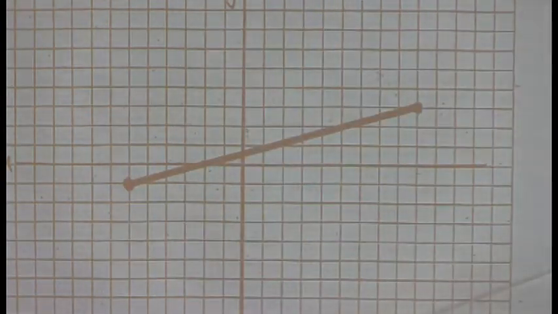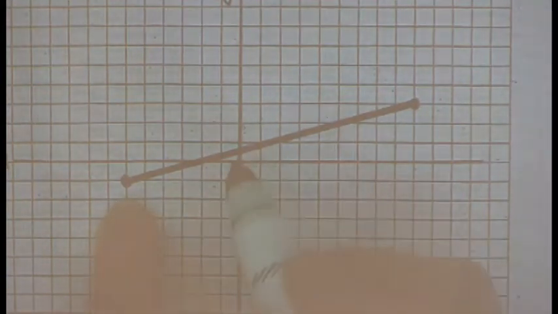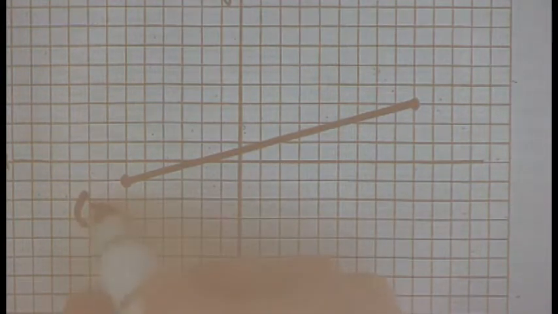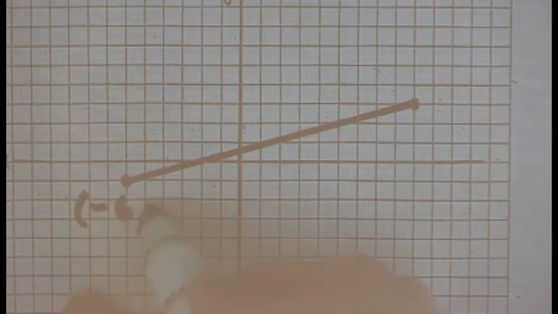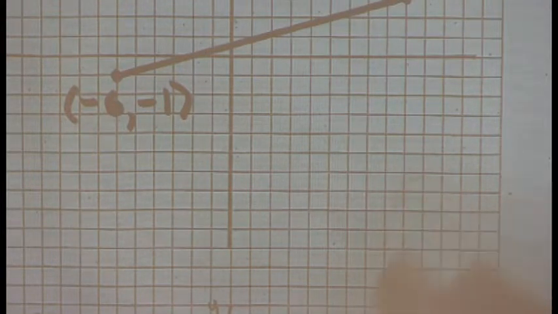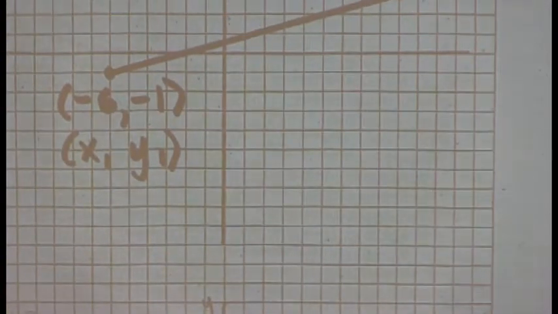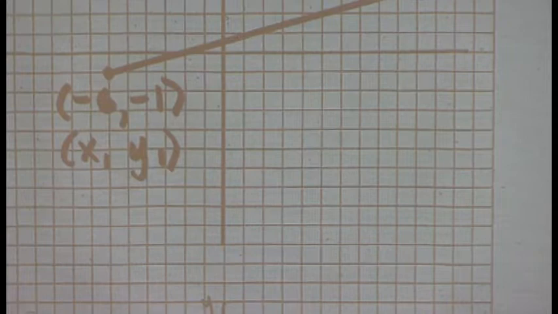Okay, so this is how we do midpoint. First, we're going to name this point here on the left. This point here on the left is -6, -1. Please label it. Dominic, stay with me. This is going to be our x1, y1. It doesn't matter which one you make x1, y1 and x2, y2.